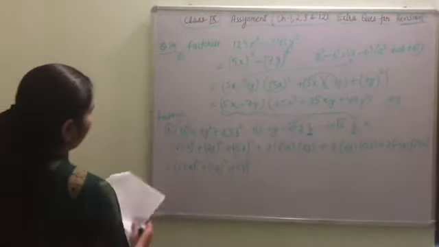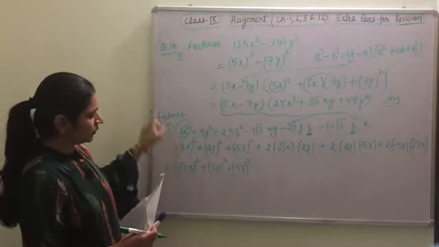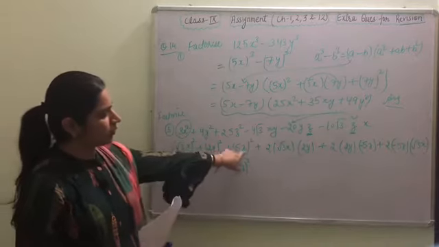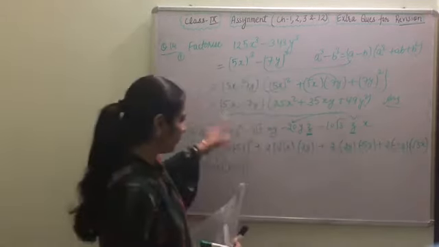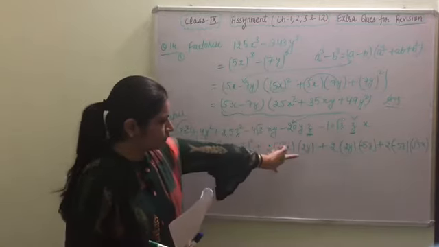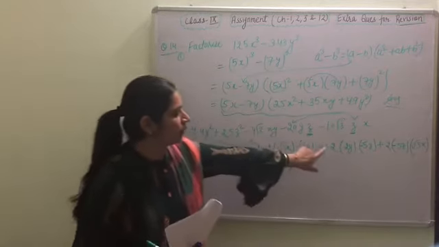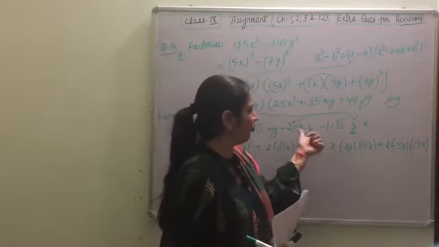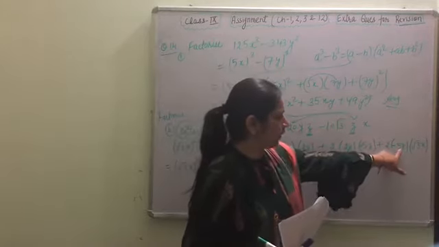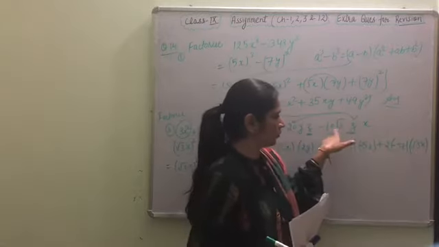Here we have to factorize. Simply look: a square, b square, c square, 2ab, 2bc, 2ca. 2 2s are 4, so 4 root 3 xy; 2 2s are 4, 5s are 20, so 20yz; 2 5s are 10, so 10 root 3 zx.